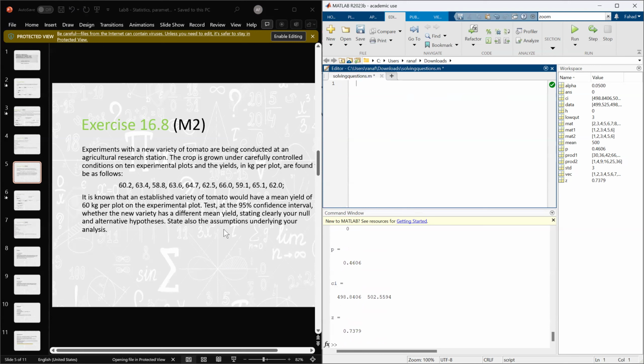Since it's very similar to the z-test, I'm just going to start solving it and you'll see. First we put in the data. Data is equal to 60.2, 4, 58.8, 63.6.